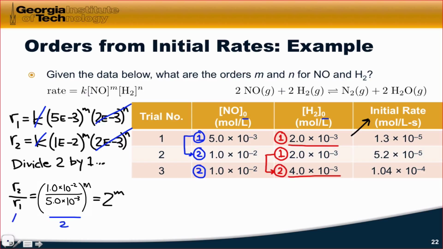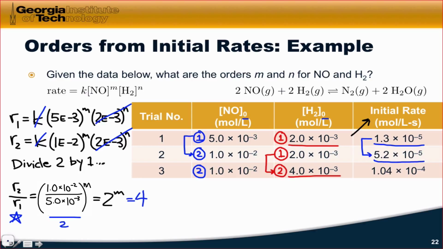So now we return to this ratio of the rates, and we look in the last column of the table for runs 1 and 2, or trials 1 and 2. What is the ratio of R2, 5.2 times 10 to the negative 5, to R1, 1.3 times 10 to the negative 5? Well, that's 52 over 13. That's equal to 4.